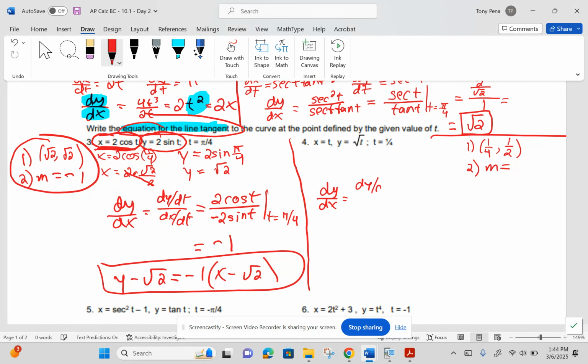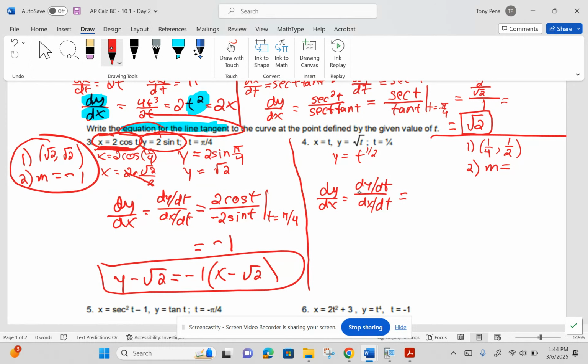And dy dx is the dy dt over the dx dt. So we want those derivatives. So dy dt, just be careful, for whatever reason, fraction powers cause issues. So this is a t to the half.